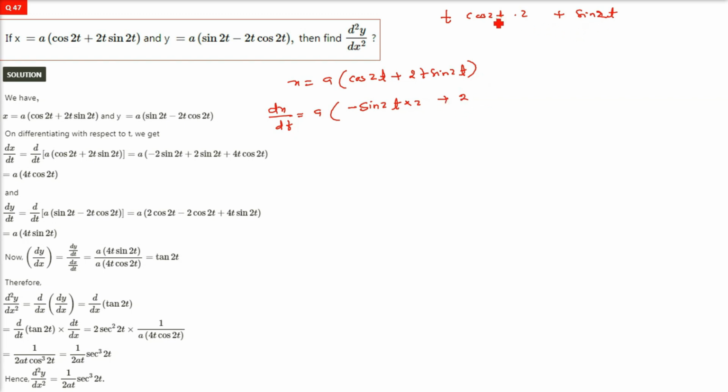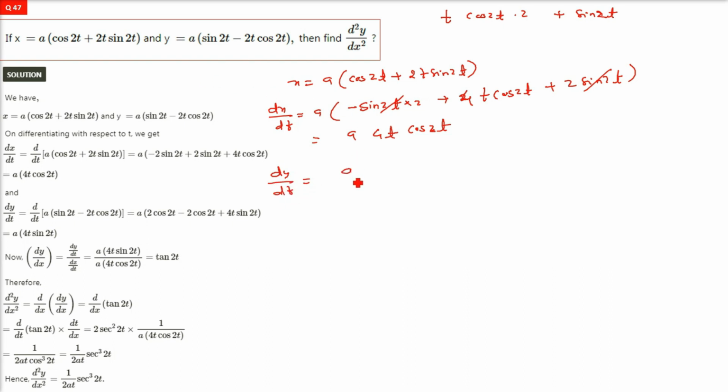Now this whole, we have just differentiated t sin 2t. 2 was already there outside, so let us multiply this whole with 2 and write it here. So it will be 4t cos 2t plus 2 sin 2t. These two get cancelled, you have a outside, then we have 4t cos 2t. So we have 4at cos 2t, this is your final dx by dt, because they are going to be eliminated in just a while.